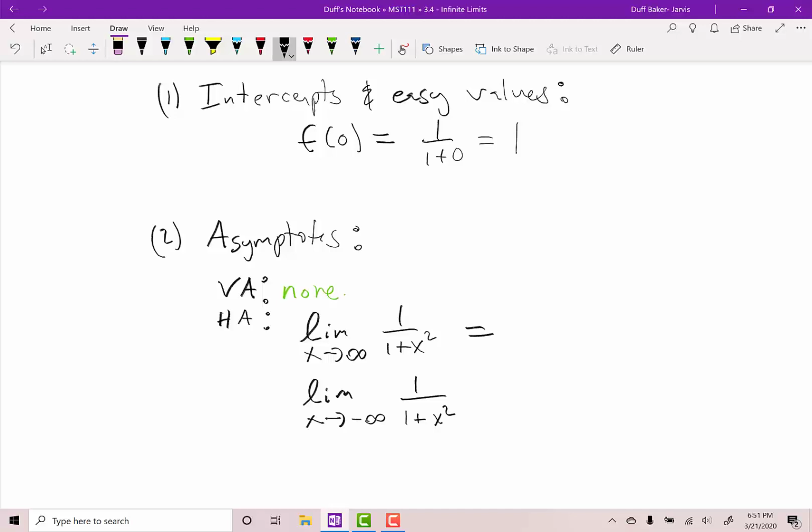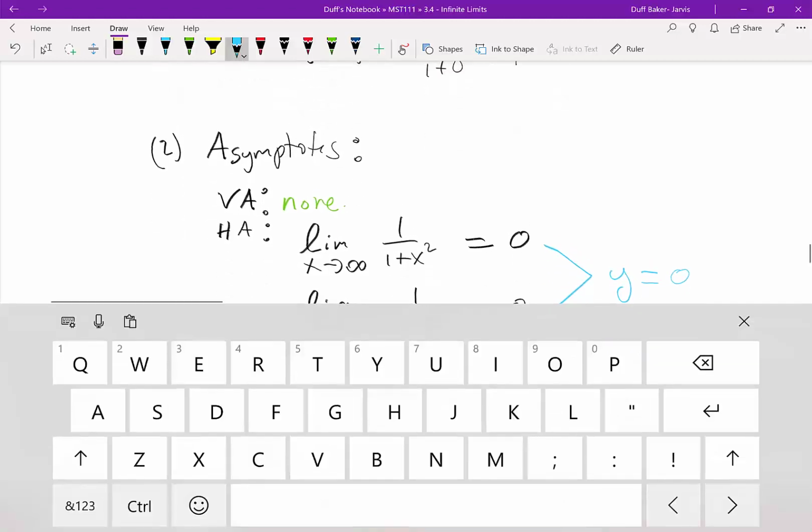And because the denominator has a larger power of x, these will both go to 0. Okay, so if we put these together, this means y equals 0 is a horizontal asymptote. And it's the only one.